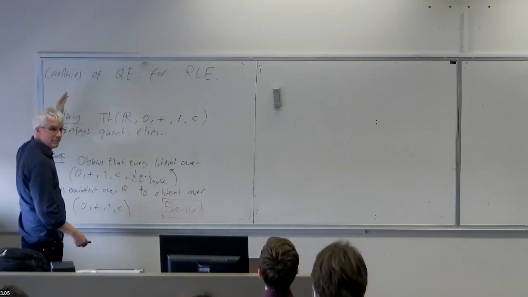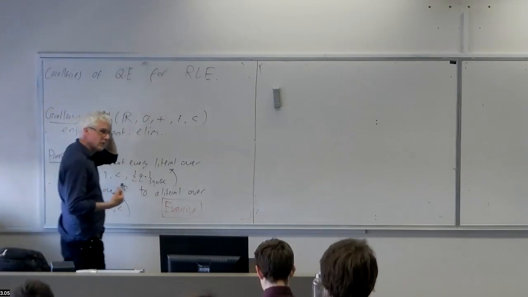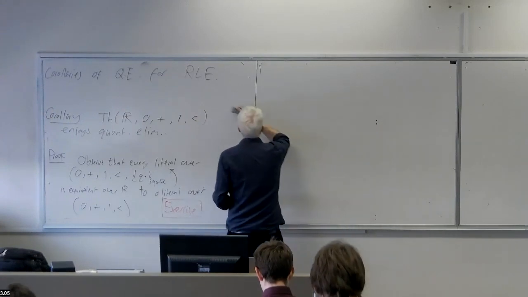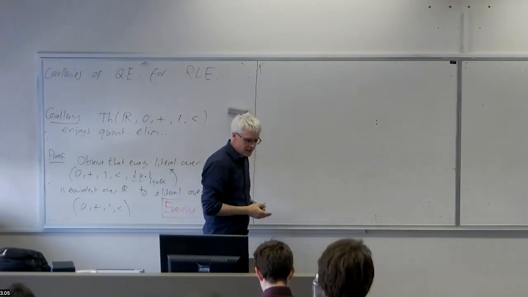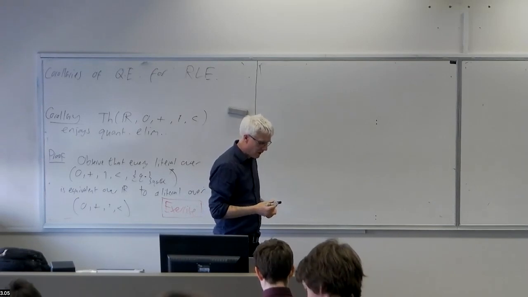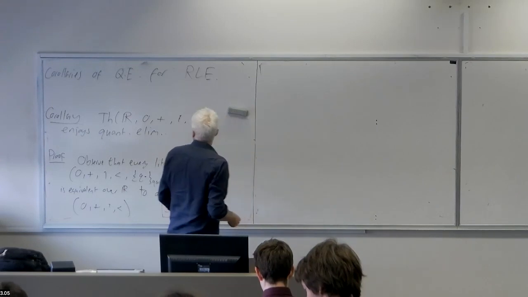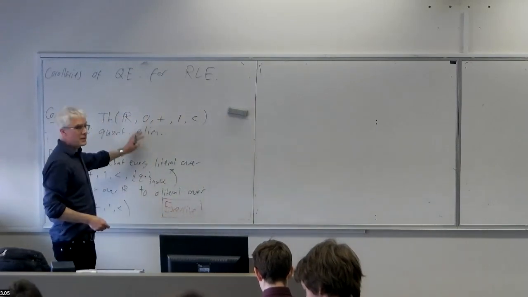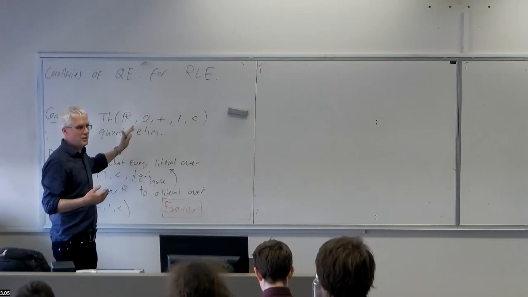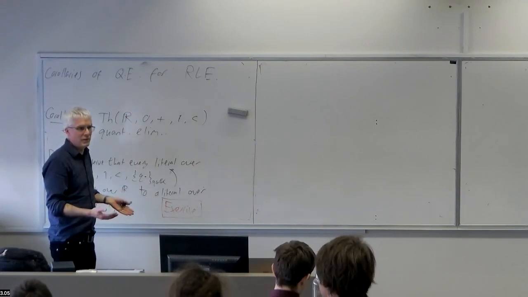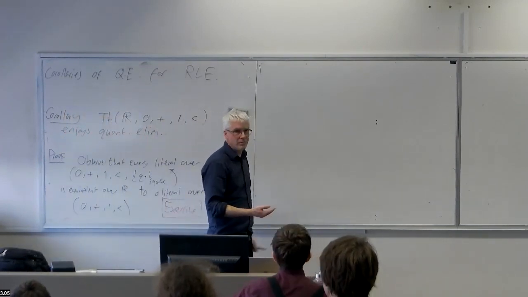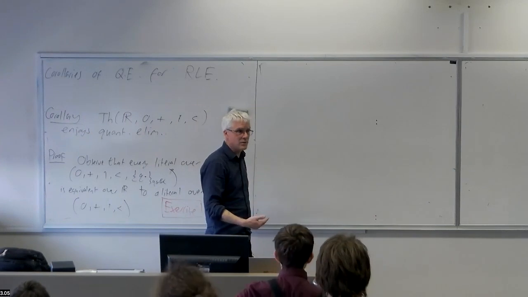I want to do the second one, which is the most interesting one from a mathematical perspective. And in order to state it, I want to do a little bit of preliminary work. So the decidability proof we did, we applied quantifier elimination to a sentence to see if it belonged to the theory, and we saw that any sentence we could reduce to a Boolean combination of truth values, and it calculates to a truth value.